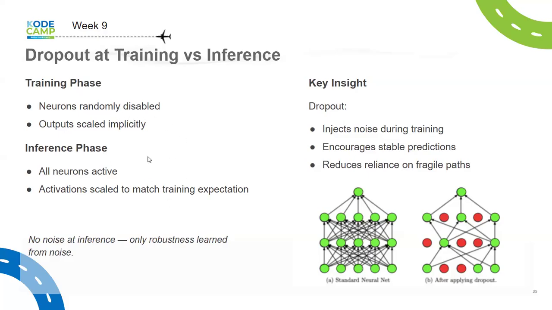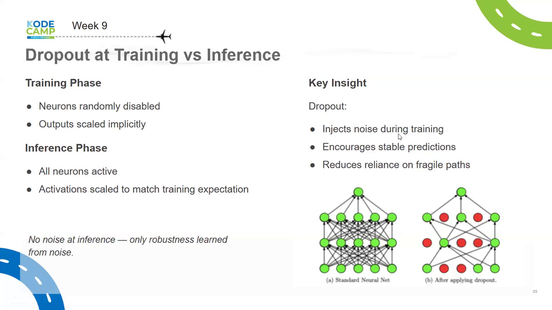Then when you're doing inference, you switch back all the neurons. So dropout does not apply when you're just using it for inference, not for training. In that case, activation will scale to match the training expectation. So there is no noise at inference, only robustness is learned from the noise.